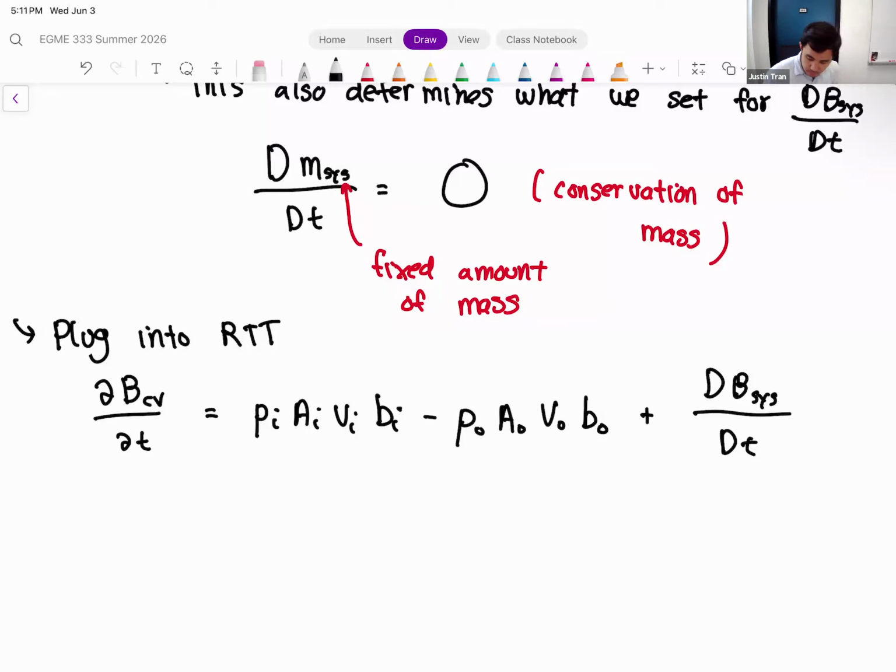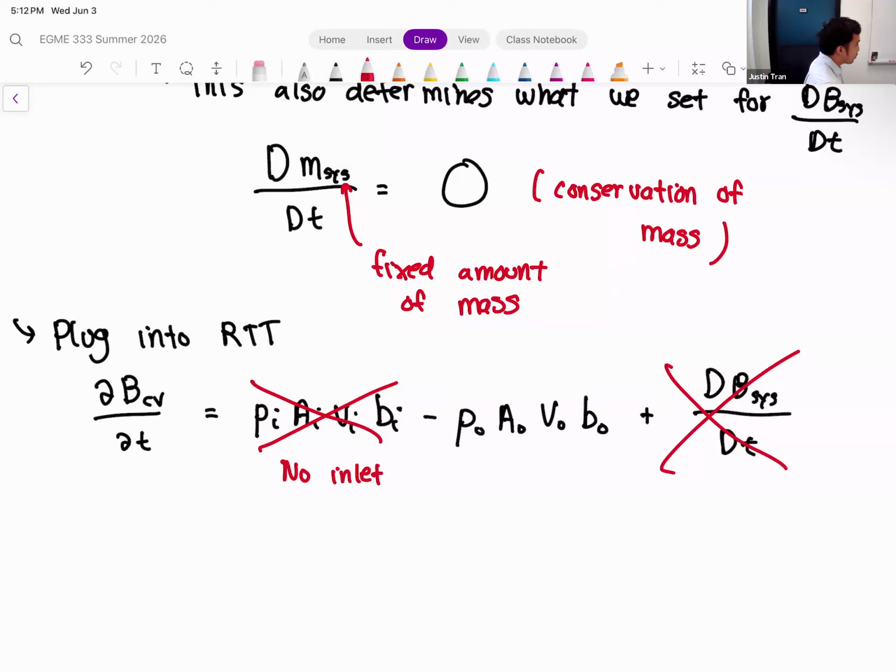So let's apply everything that we know about this problem already. Based on what we've discovered already, there's no inlet for this problem, so we can go ahead and cross out that first term.